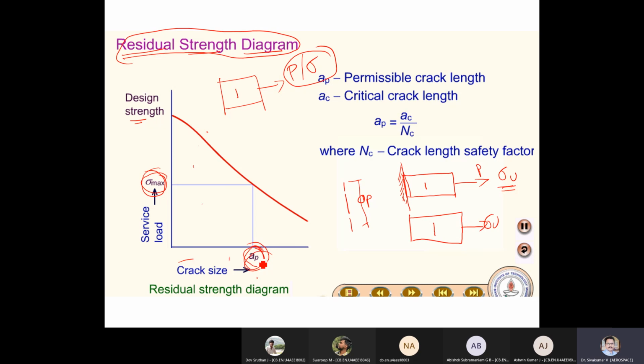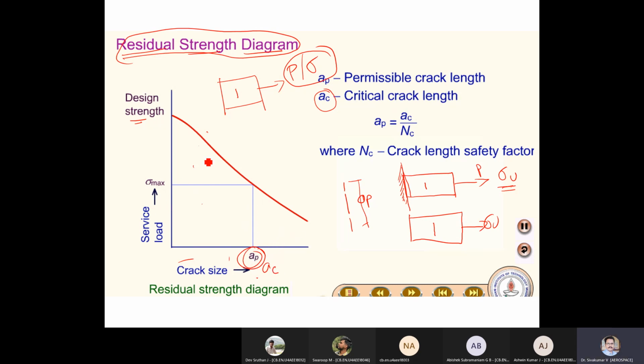How can I get this permissible crack length? Because I am getting the actual crack length, AC, the critical crack length. For this particular stress, this is failure, isn't it? I cannot allow this. This is basically AC, but what I want is AP, the operational crack length.